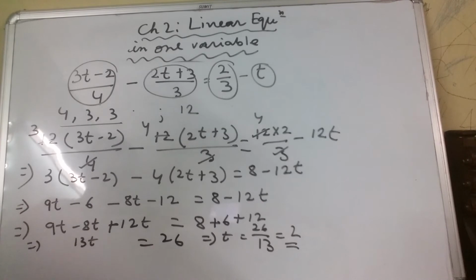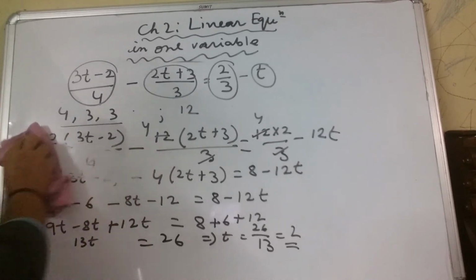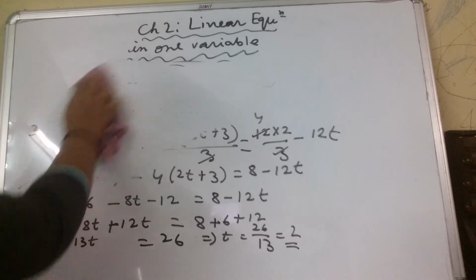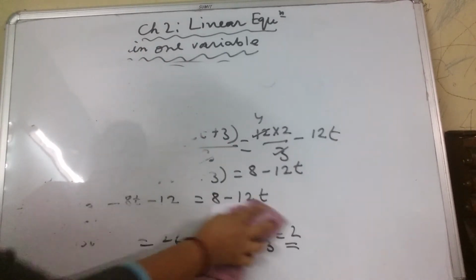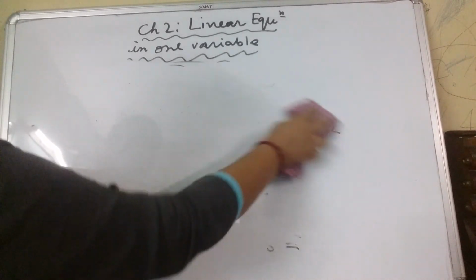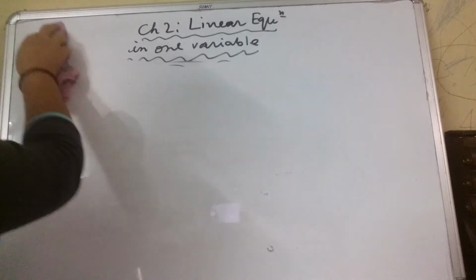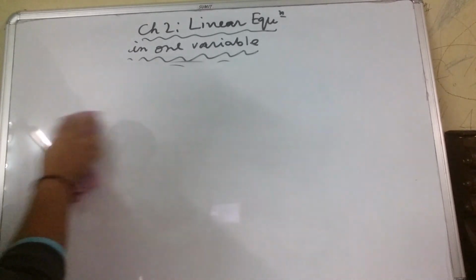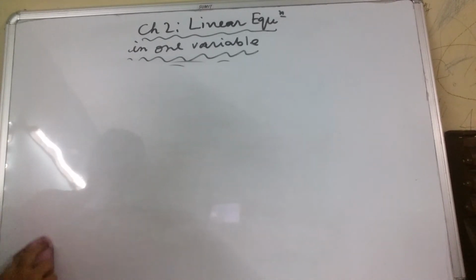Okay, now what have we learned other than this? You have learned how to form an equation when different conditions are given, and you can apply that knowledge to solve many problems in your daily life also.